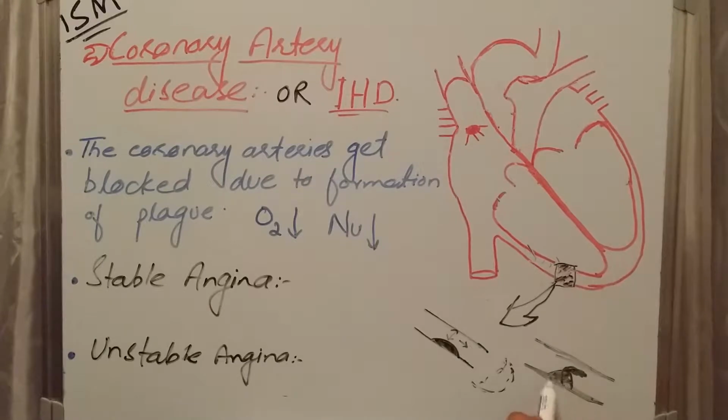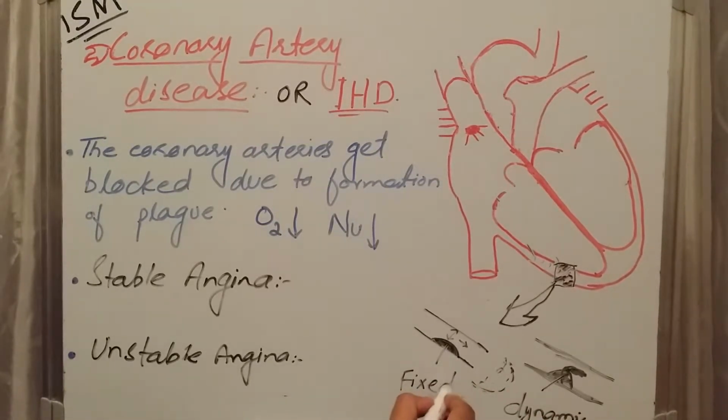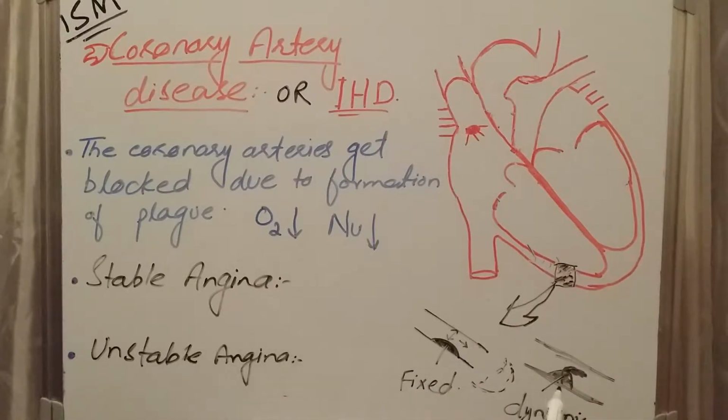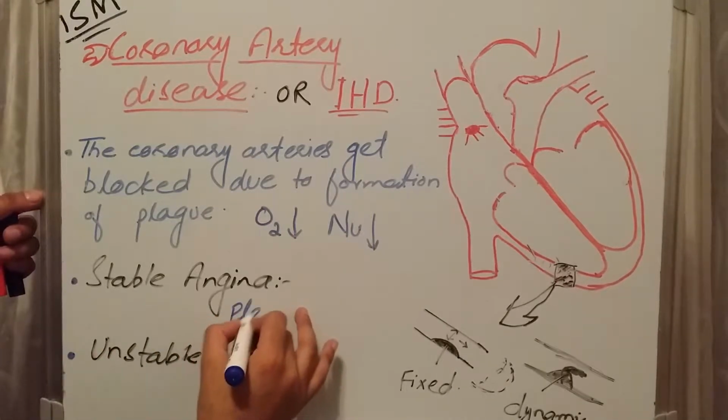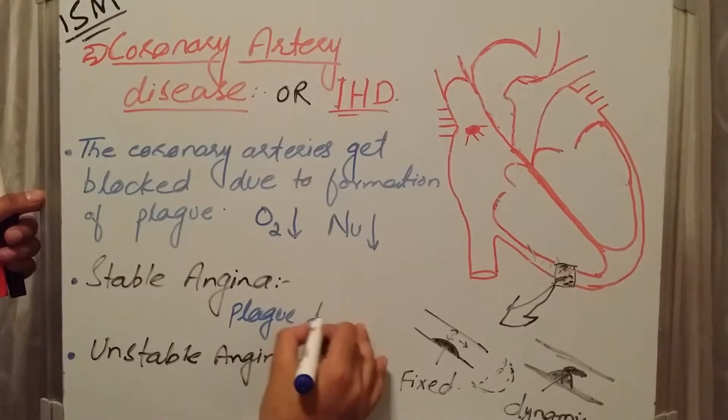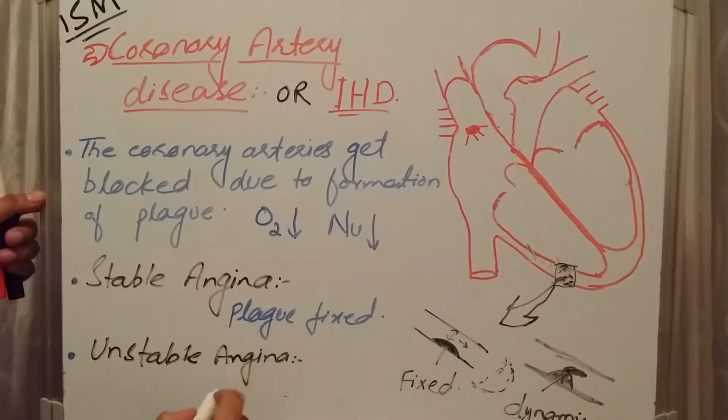And this is what we call fixed or static plaque. This condition with dynamic plaque is what we call unstable angina, and where the plaque is fixed, this condition is what we call stable angina.